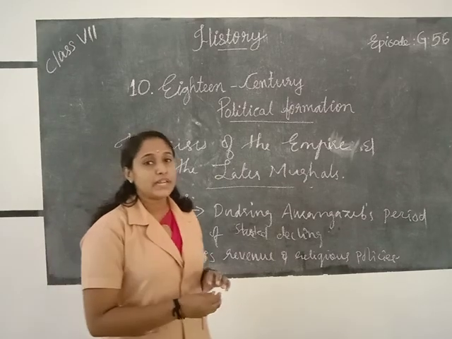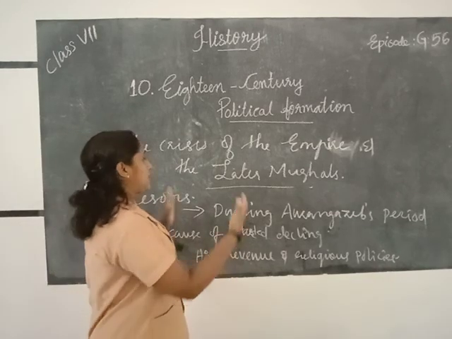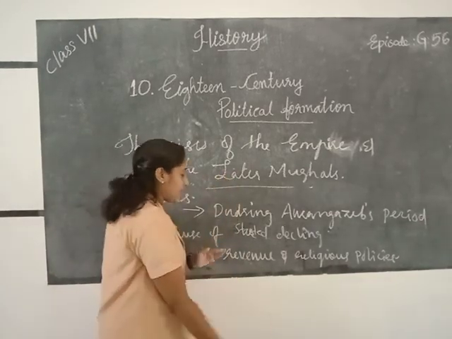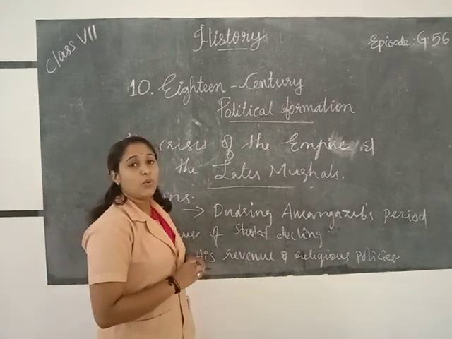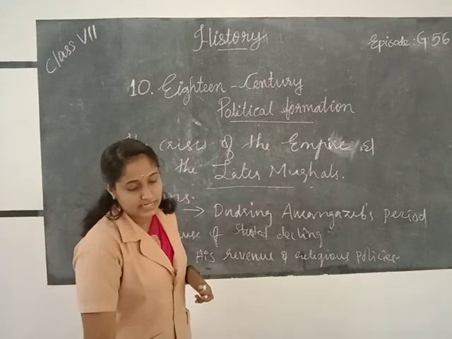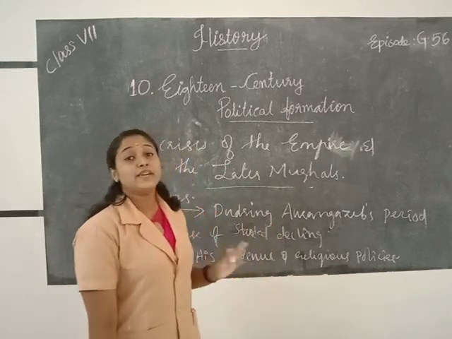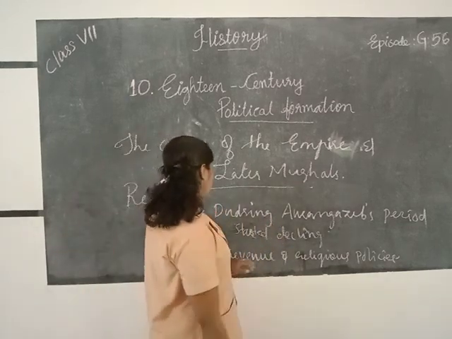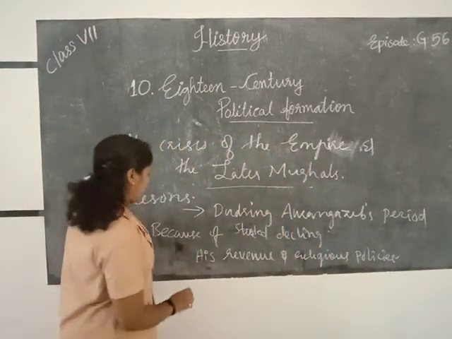Clear? So whose period? Aurangzeb. During Aurangzeb's period, the Mughal empire started declining because of his revenue and what? Religious policies, and also his military policies. His revenue and religious policies, including the military.